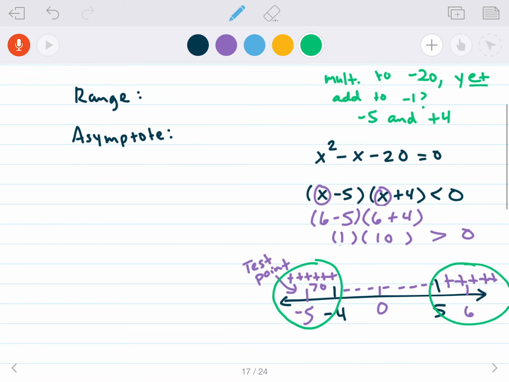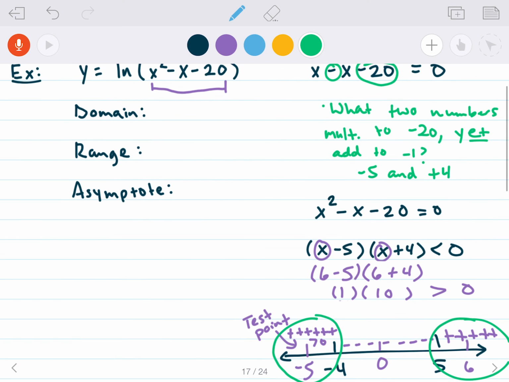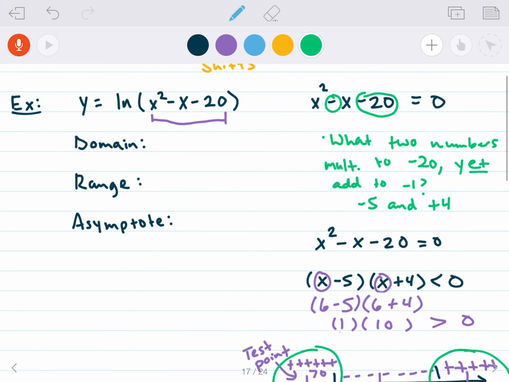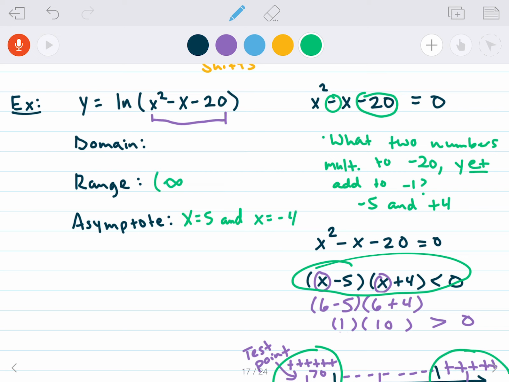So, first of all, what are my asymptotes? My asymptotes occur at -4 and 5, right? Because those are the values that make the argument 0. So we have x equals 5 and x equals -4. The range is still -infinity to positive infinity.